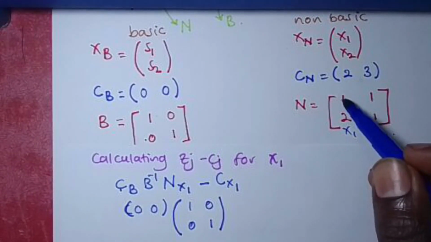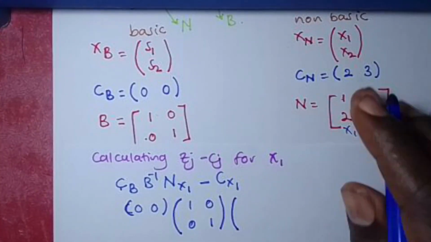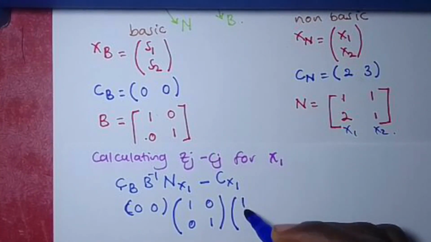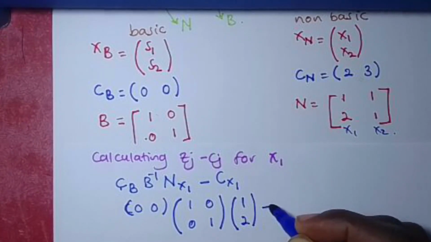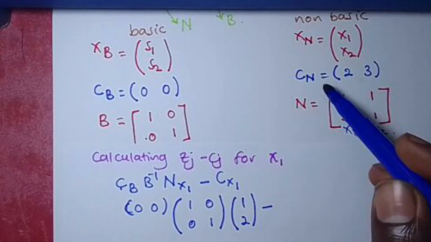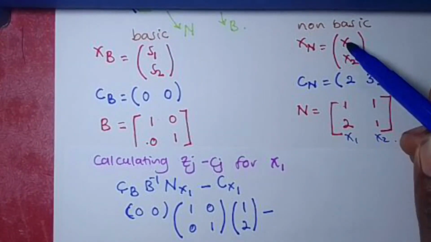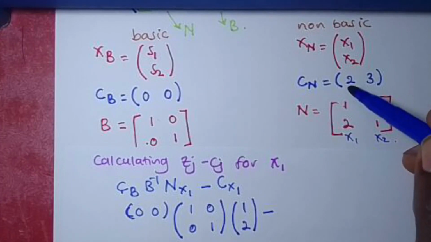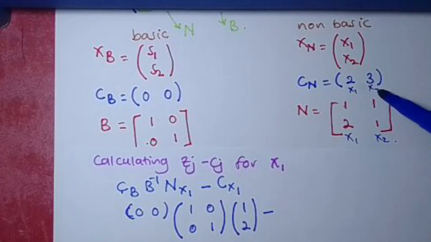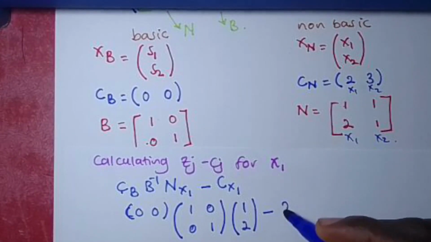So x1 is this, and we shall pick that whole column the way it is and write it there as 1 2 minus our c x1. Our coefficient of x1 is 2, so it will be minus 2.